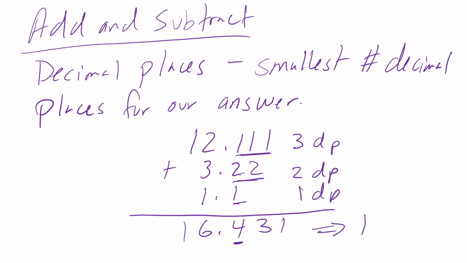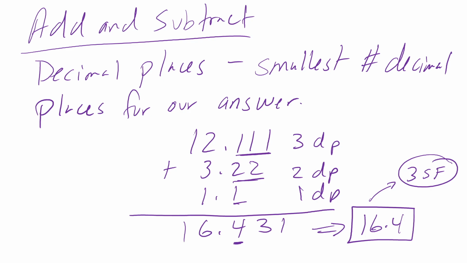That's going to translate into 16.4. Now, it does have 1 decimal place, but it's also important to keep in mind that in terms of significant figures, it actually has 3 significant figures, which might be very important if you were going to continue on and use that in another calculation. So again, adding or subtracting, we're looking at decimal places.